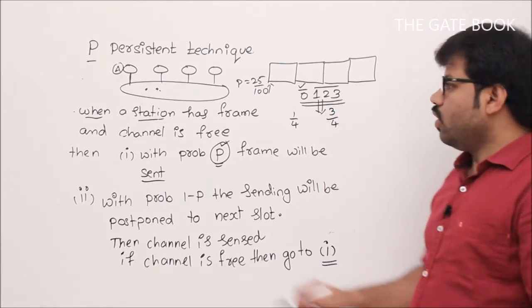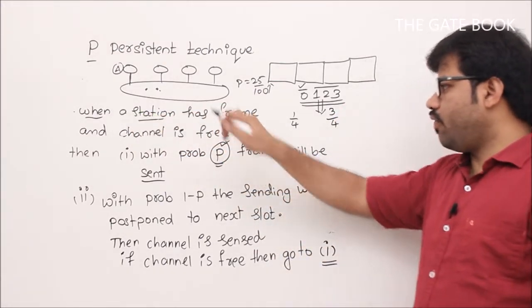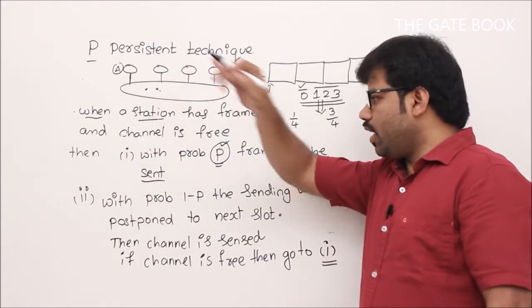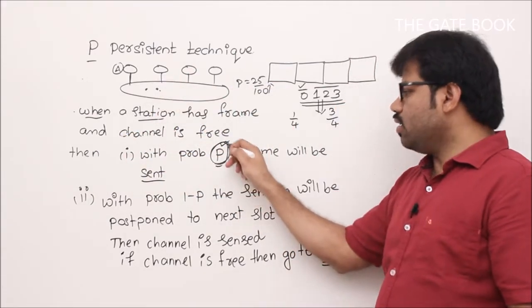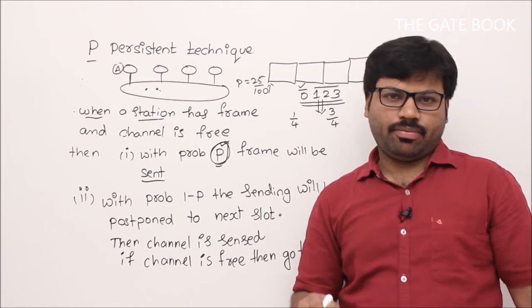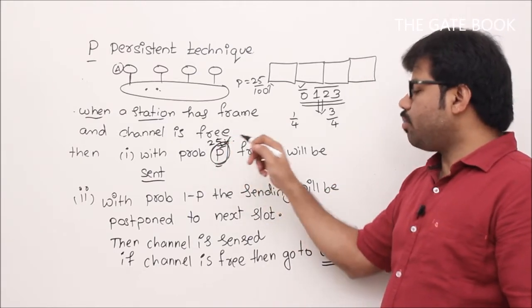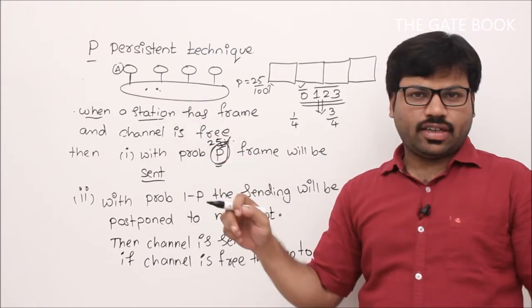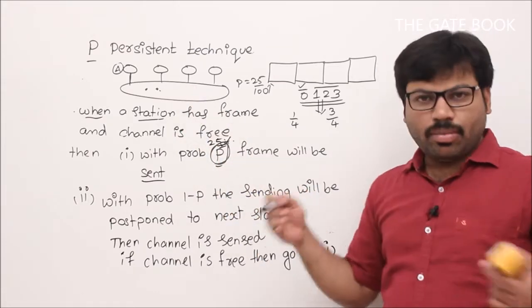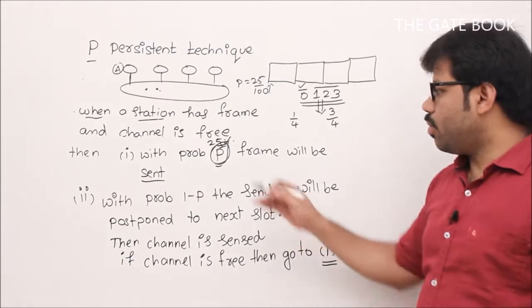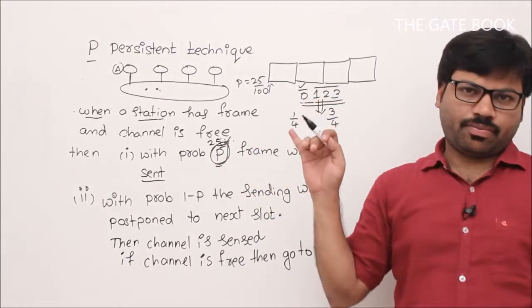So now whenever a station wants to send a frame and the channel is free, then with probability P, the station is going to send the frame. That means if probability is 25%, then with 25% probability, it is going to send the data. To have that kind of probability, it is going to generate a random number.